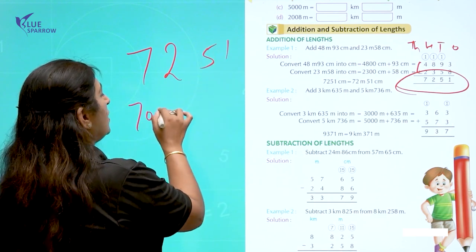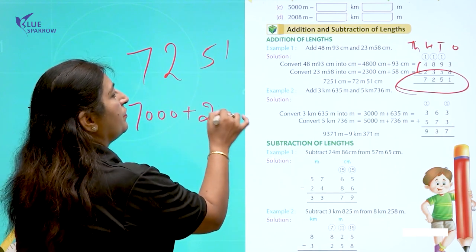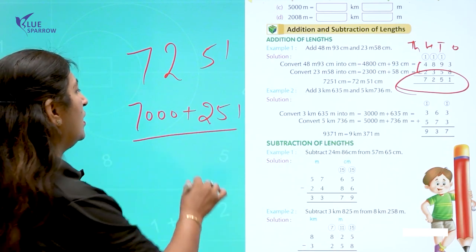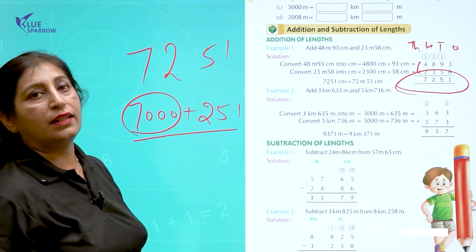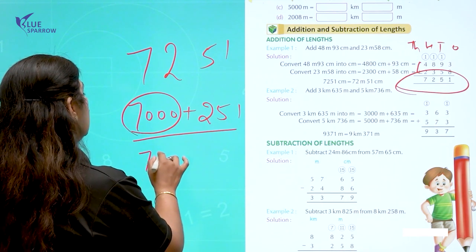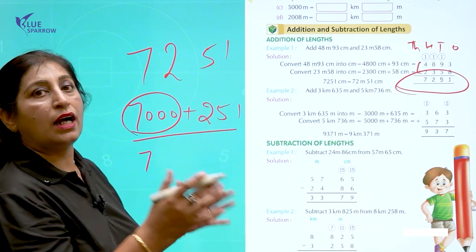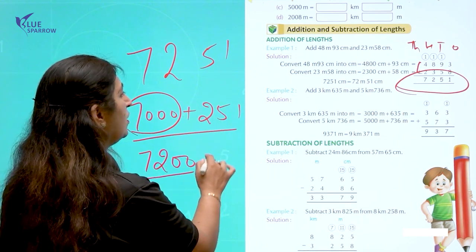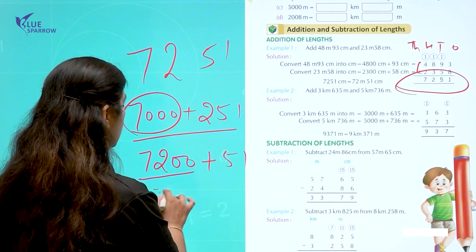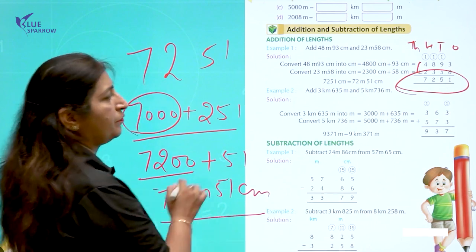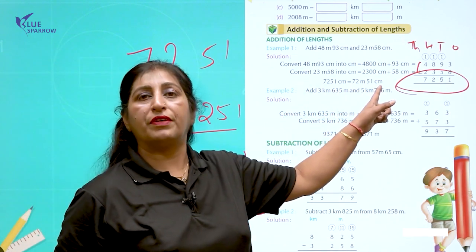It means 7000 plus 251. 7000 makes kilometer, but we have to write the answer in meters. So meters means we have to pick out the hundreds from here. So here it is 7200 plus 51. It makes 72 meter and 51 centimeter.